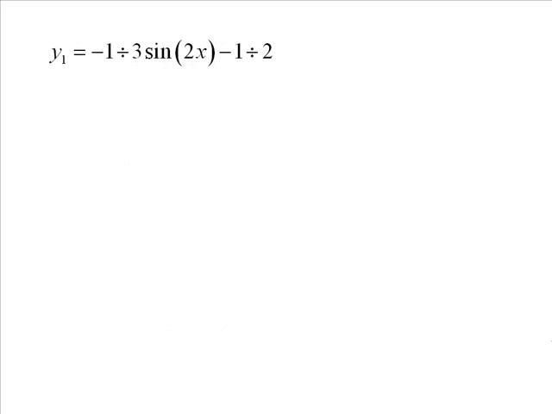It's the negative in front. So on our calculator, I won't bring up the calculator for this one, but you just enter it as it is: negative 1 divided by 3 sine 2x, close those brackets, minus 1 divided by 2. If you want, you can go 1 divided by 3 in brackets, and it would give you the same figure.